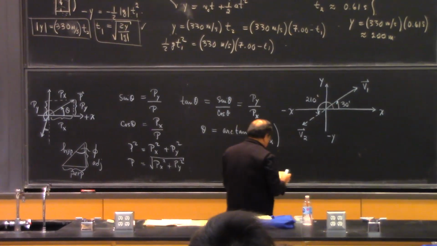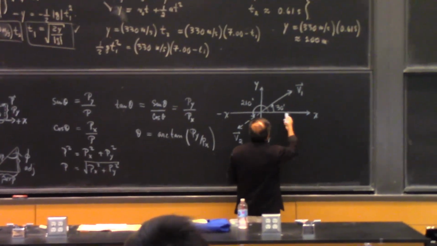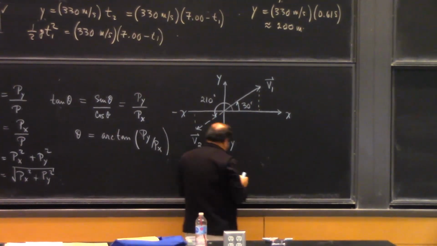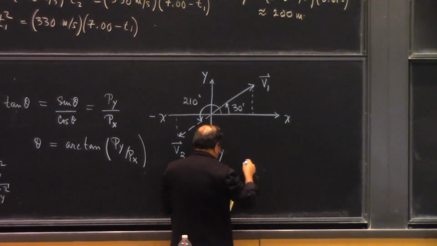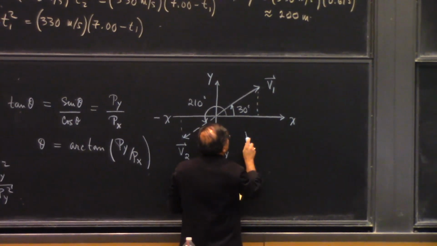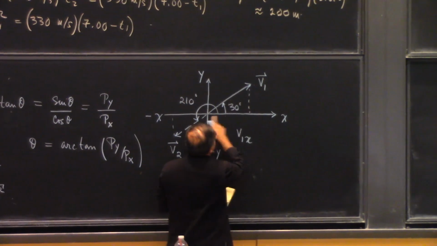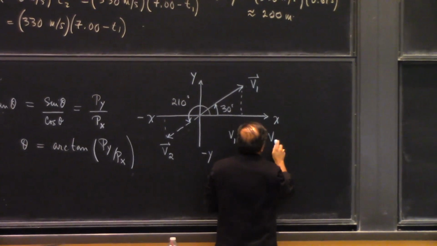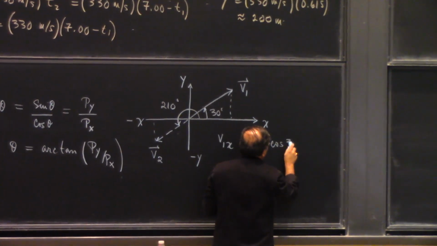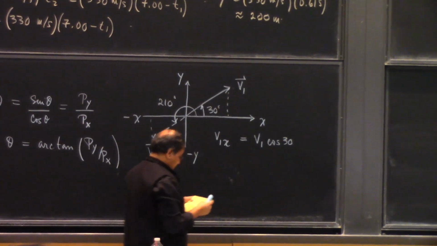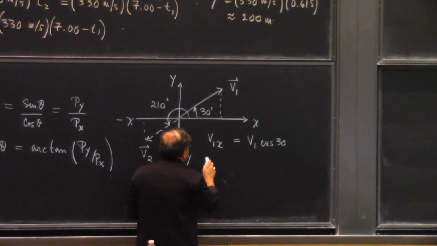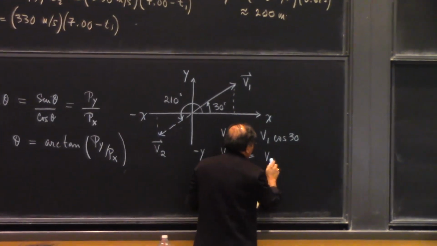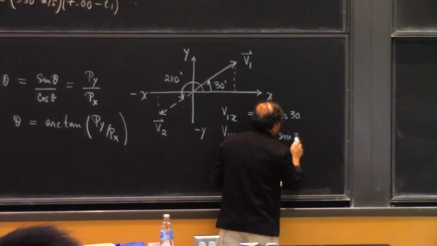I'm now going to quickly go through this problem. Basically I'm going to draw perpendiculars here and there and so on. And so I can write, without really doing too much picture drawing, that v1x, which is this piece of v1, is going to be V1 cos 30, because the angle is 30, and V1y is going to be V1 sine 30.